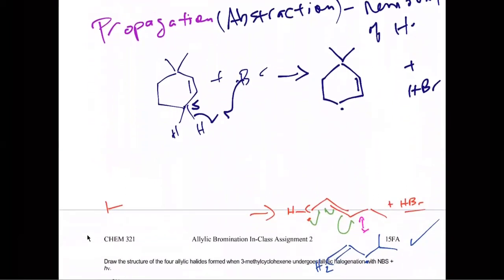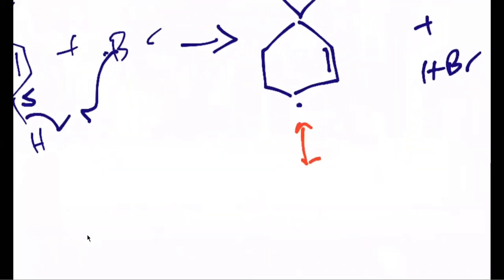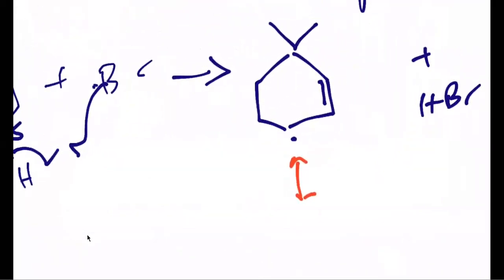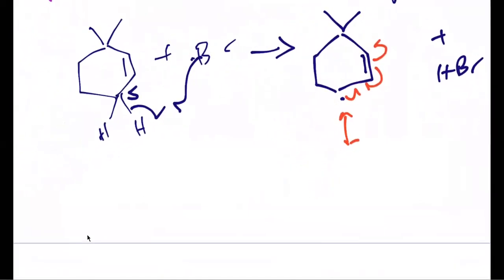All right. So now we have that allylic radical from propagation. What now? What can I do with it? Resonance. I can do resonance. Zoom in so I can make my arrows look decent. All right. Can I do this? Yes. Is this becoming easier? Yes. Way better than the first time. Good.